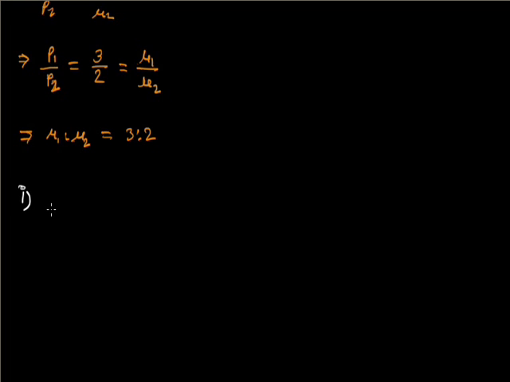Now at first we have to calculate the ratio of the number of molecules present in the gas samples. We know that for any gas, the number of moles mu is given by the total number of molecules of that gas in the sample divided by the Avogadro number.